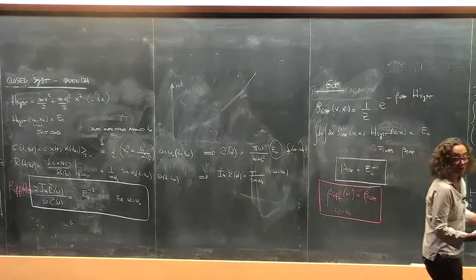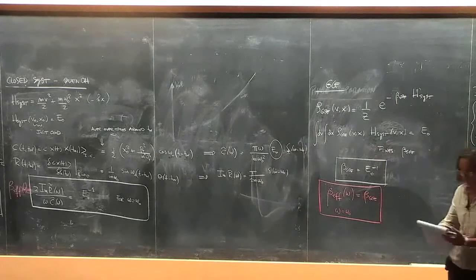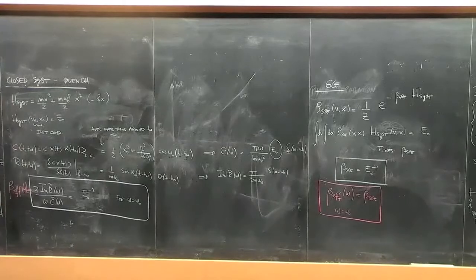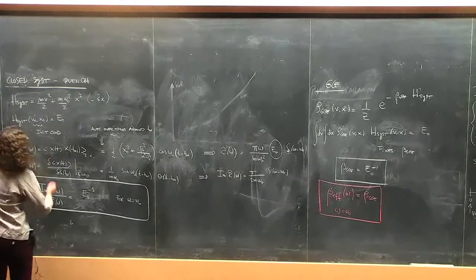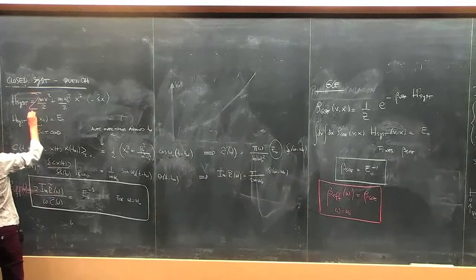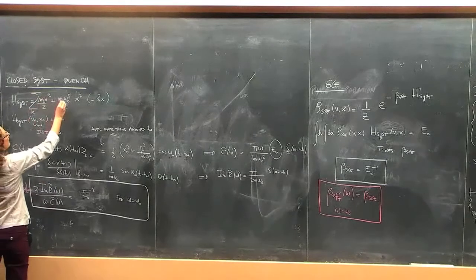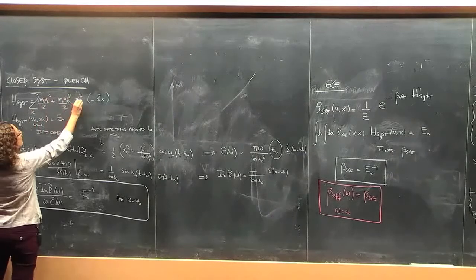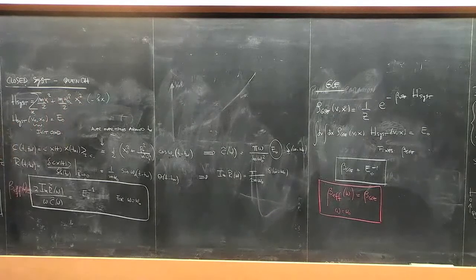Okay, so now what can I do to generalize this problem? Because you can tell me, okay, a single harmonic oscillator is trivial. I can repeat this calculation for many harmonic oscillators, so I can put a sum over k here and put k and k and k, and the same will happen.